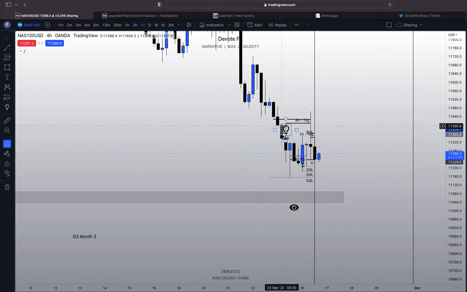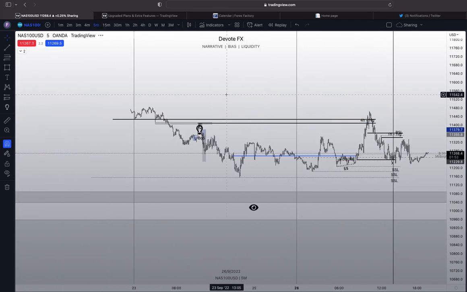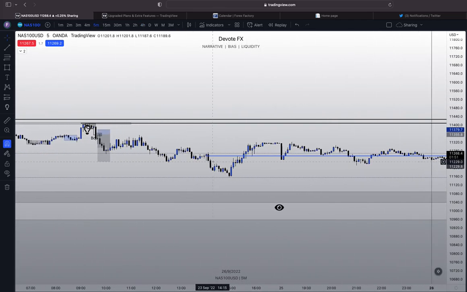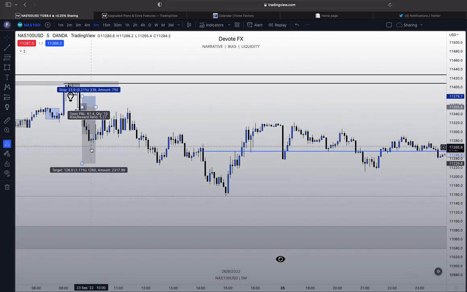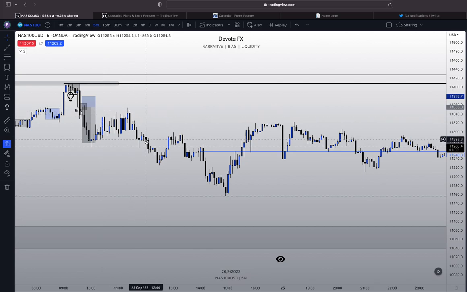And we didn't get that initially. So I was able to take this piece with partials, and this came back and unfortunately I pushed my stop up too far, and this took me out.